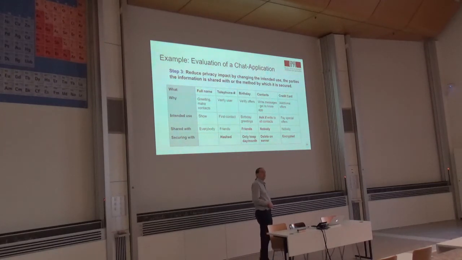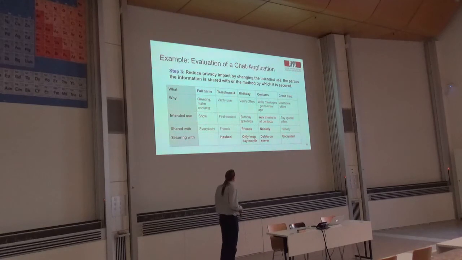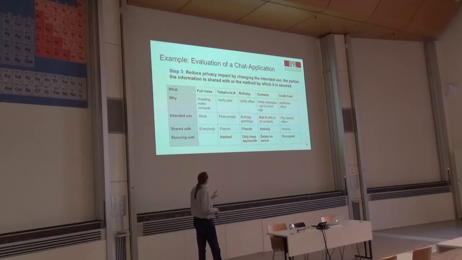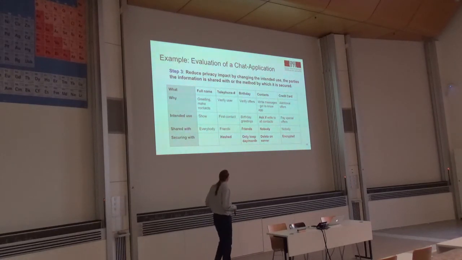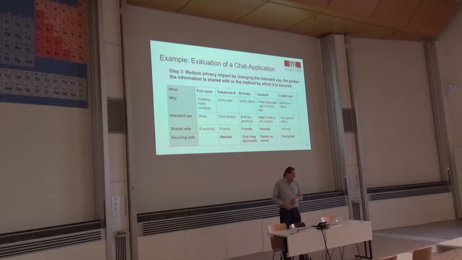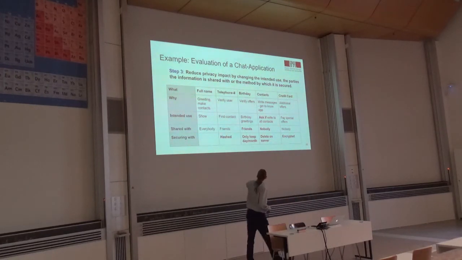Have an opt-in process for the cases where we perceive a higher potential sensitivity, or even explicitly restrict default uses and sharing patterns, for example to friends, or make sure that some things are not shared at all normally.